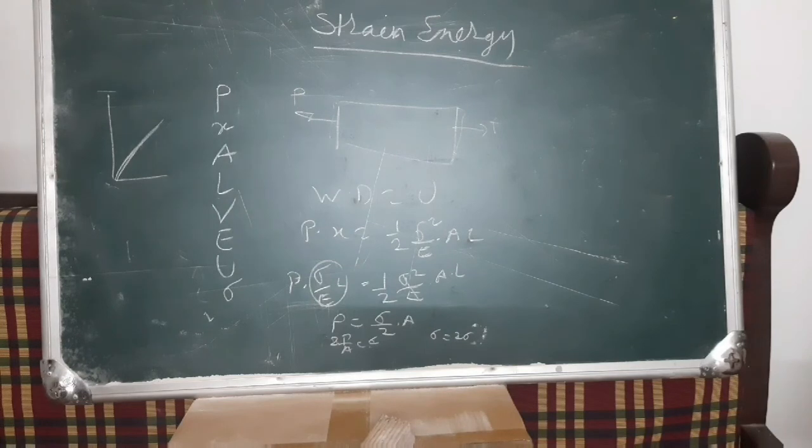When the ignition starts, it is a sudden load being applied. So these things are to be considered when solving numericals for strain energy, simulating the actual conditions in practical applications.